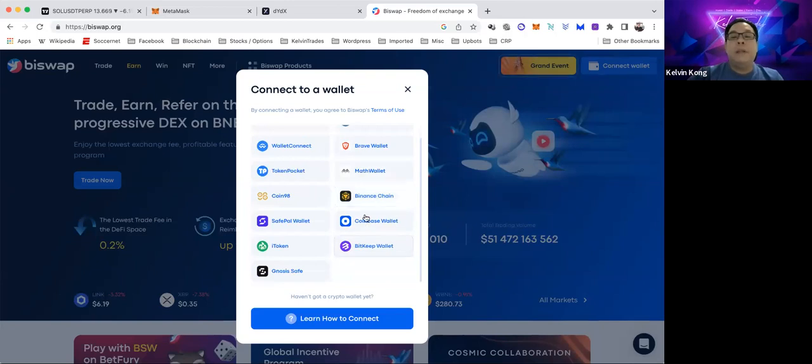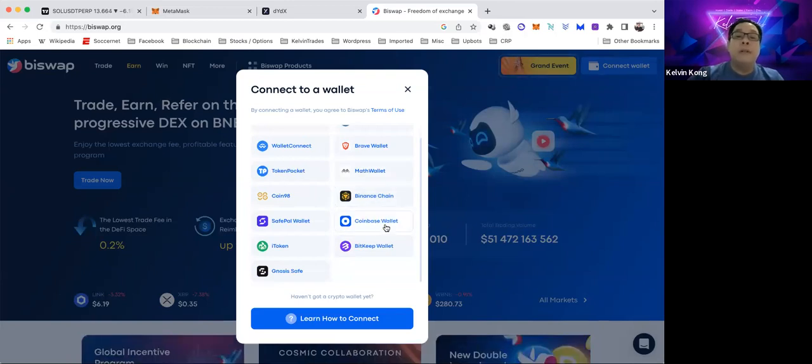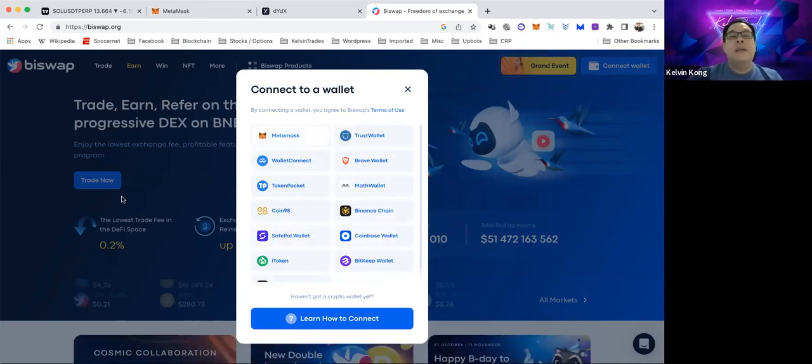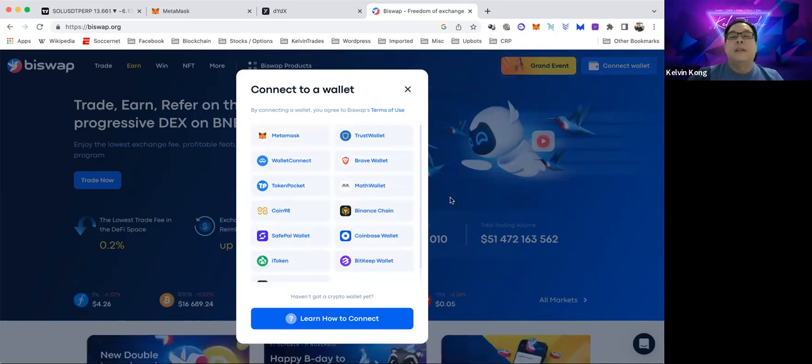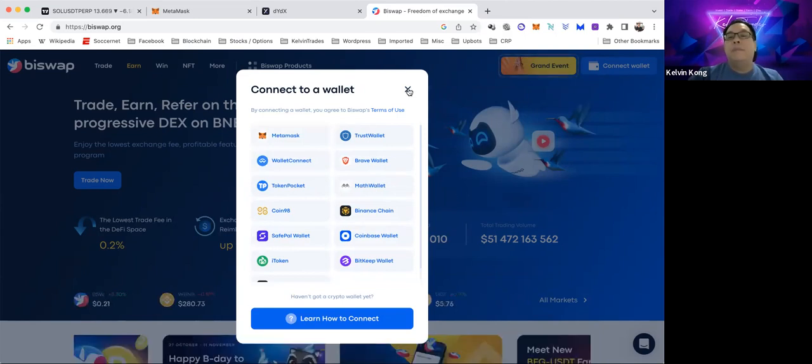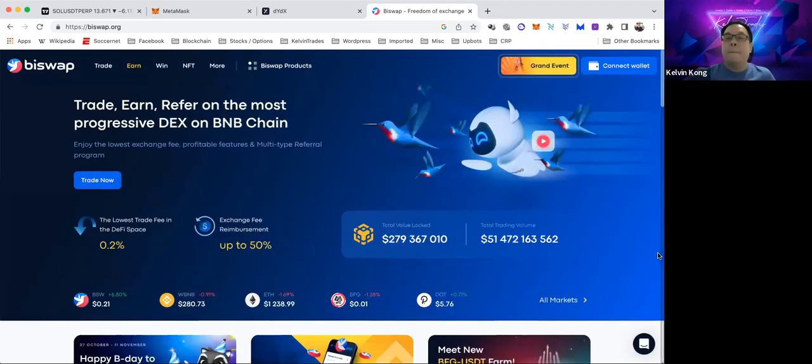If you have a Coinbase wallet, you can connect it here and then start trading. If you have MetaMask, you can connect it here and start trading. Okay. So that's how it goes.